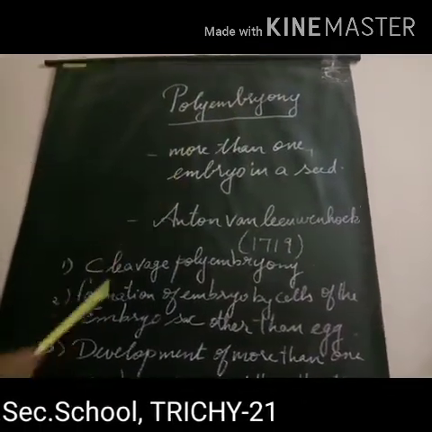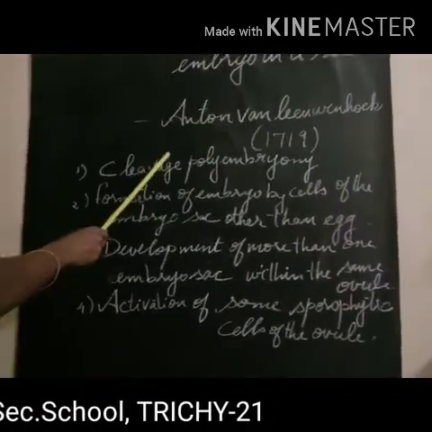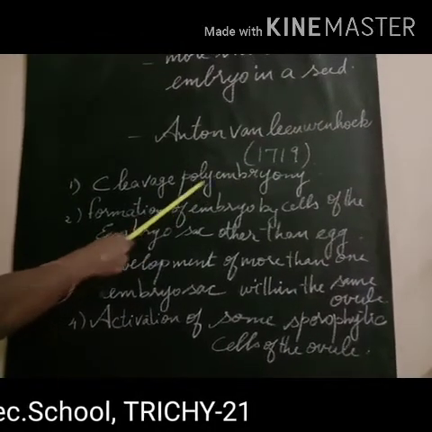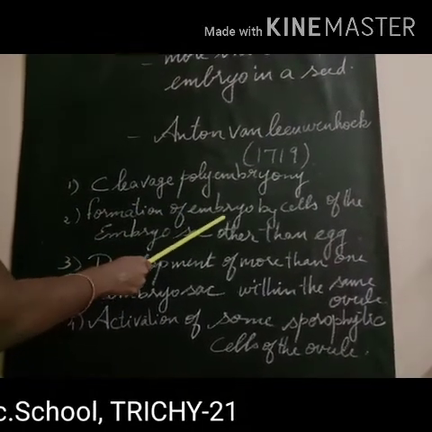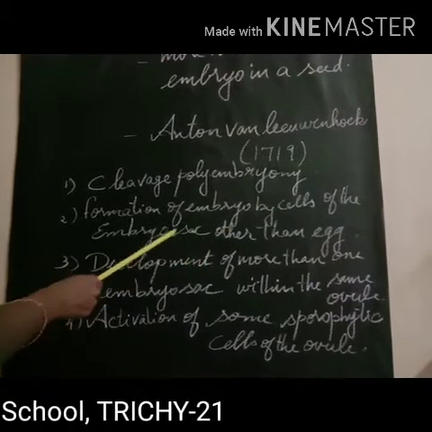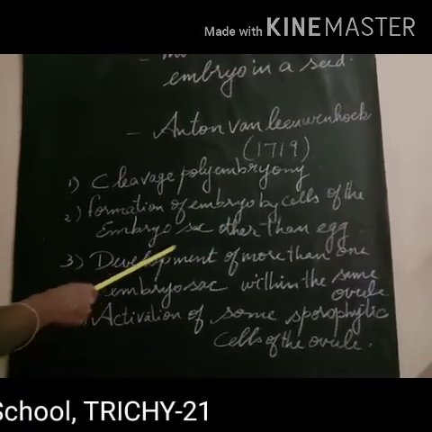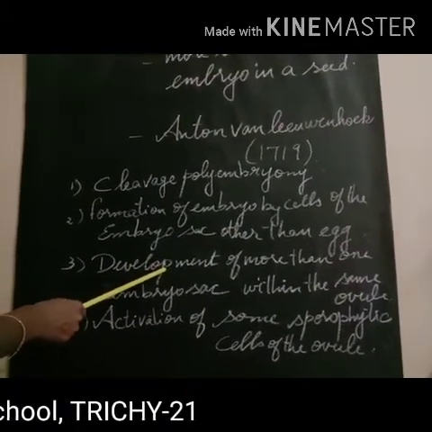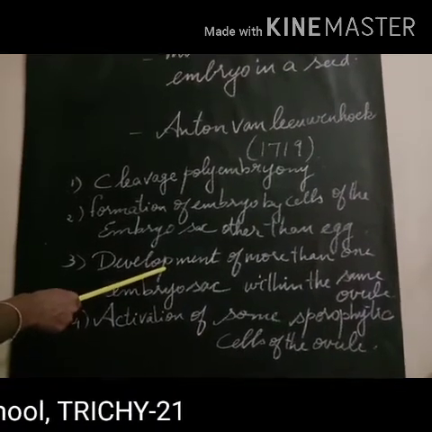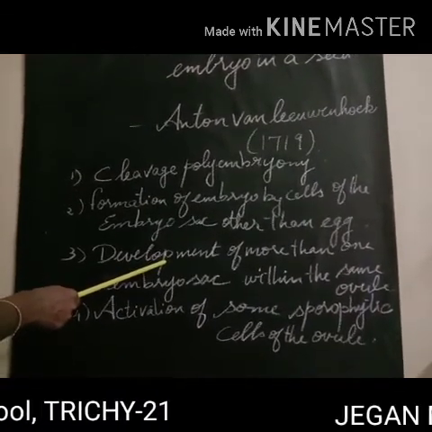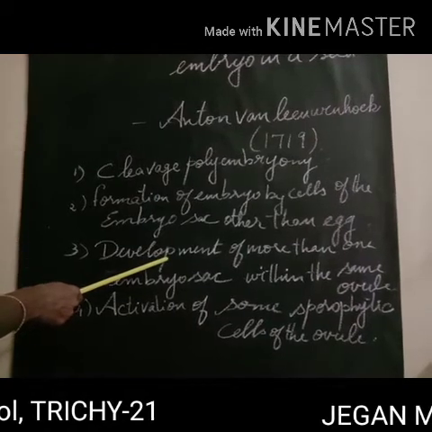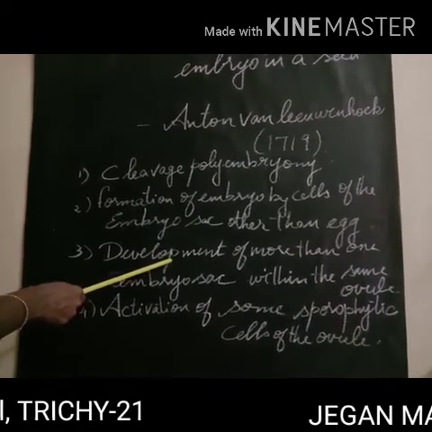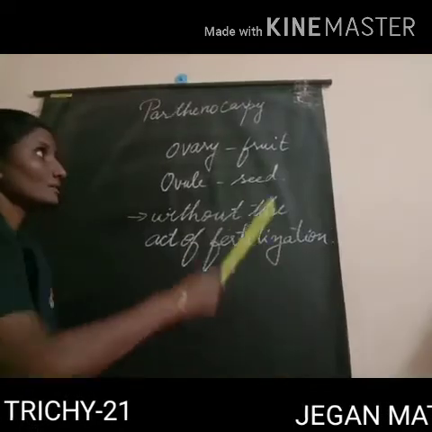Polyembryony is classified into four categories: cleavage polyembryony, formation of embryo by cells of the embryo sac other than the egg, development of more than one embryo sac within the same ovule, and activation of some sporophytic cell of the ovule.